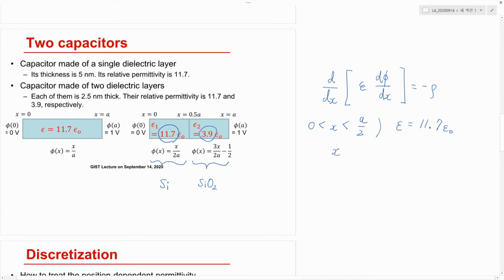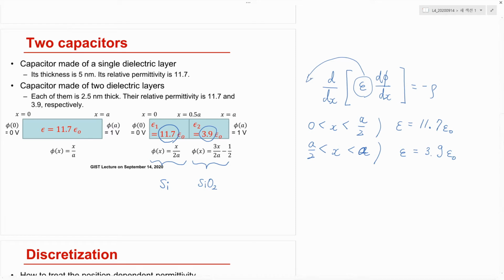And also when x is larger than half a and smaller than a, our epsilon becomes 3.9 epsilon naught. So in these cases, actually this epsilon can still be pulled out.